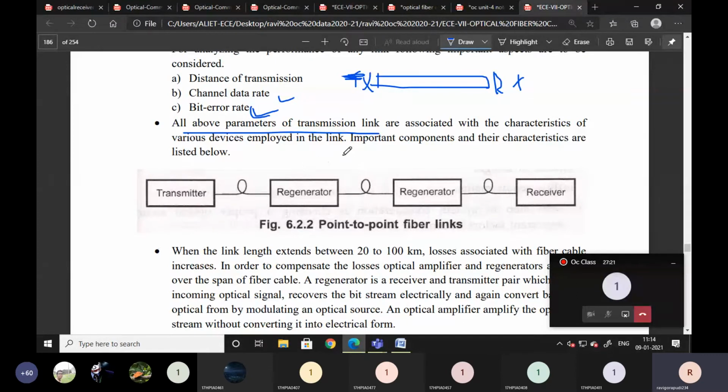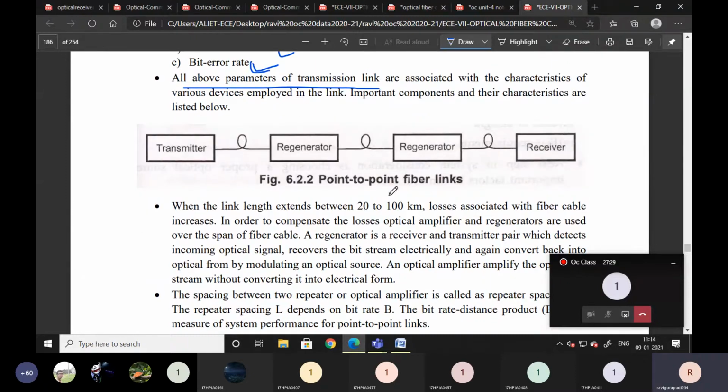So what are those devices we have to see? The important components and their characteristics are as shown below. One is a transmitter, next a receiver. In between we are going to take a regenerator and another regenerator. These are also known as repeaters.